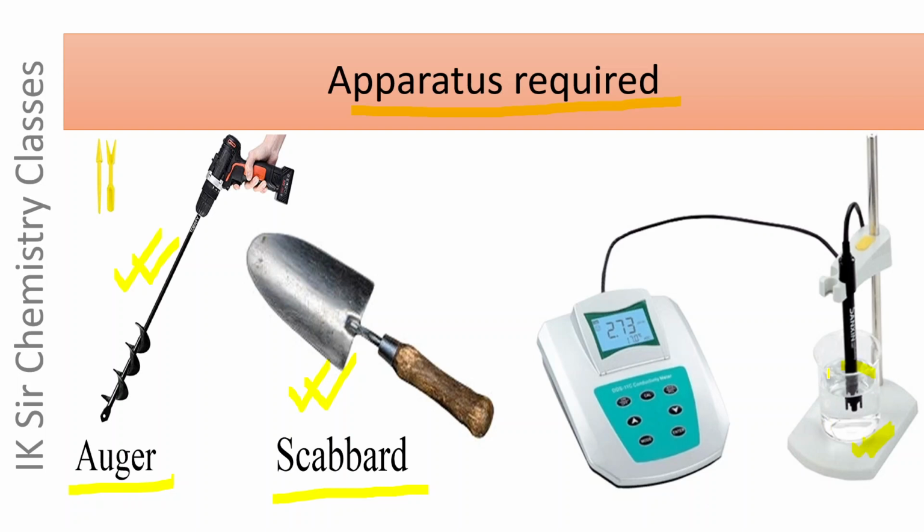It is an electrode. It consists of two electrodes which are dipped into the aqueous solution of the electrolyte, and this digital display shows the conductivity of the solution in millisiemens per centimeter. It is 2.73 millisiemens per centimeter here in this apparatus as shown here.